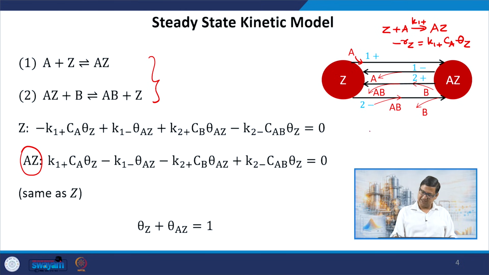Similarly, for the reverse reaction, we have AZ going to Z plus A with K1 minus. So the formation of Z, this was from the 1 plus, formation of Z from the 1 minus is given as K1 minus theta AZ.